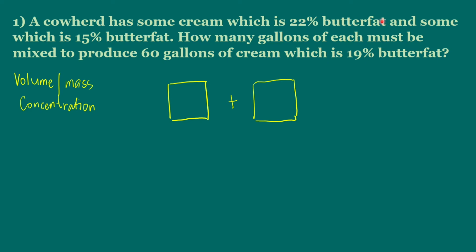We cannot create a mixture like that. And when you mix them, it also cannot be lower than 15%. We have a less concentrated and a more concentrated liquid, so when you mix them, the concentration produced is somewhere in between.